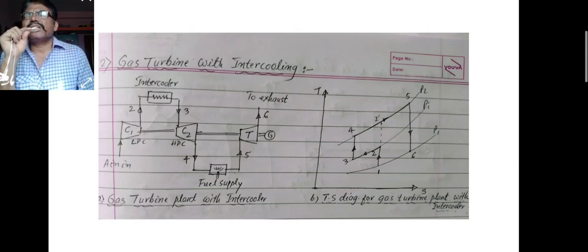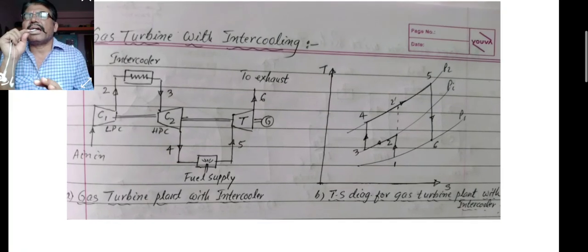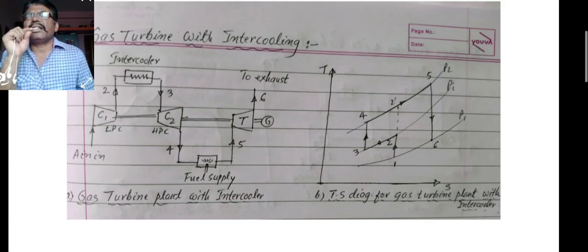There are two stages of the compressor, C1 that is the low pressure compressor and C2 that is the high pressure compressor. In between the low pressure and high pressure compressors there is an intercooler. After the high pressure compressor, fuel is supplied to the turbine so that the turbine works mechanically, and there is generation of power as the turbine is connected to the generator.